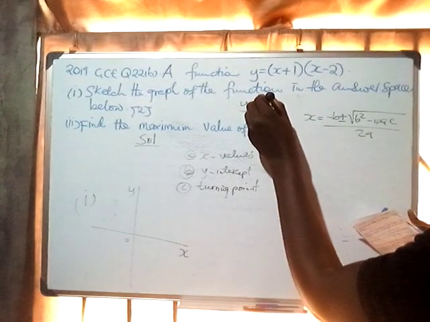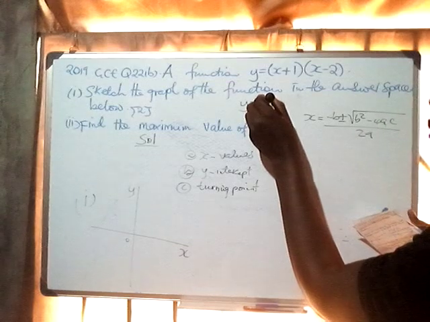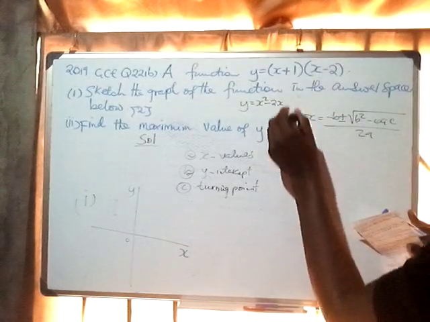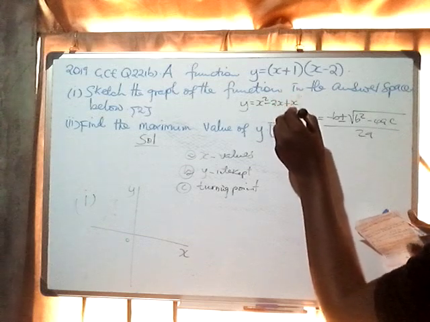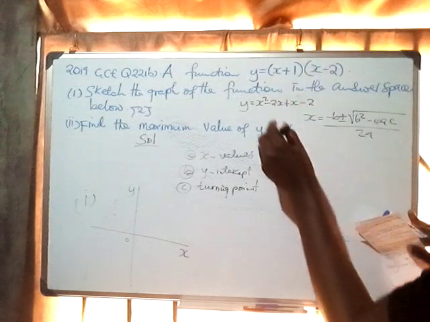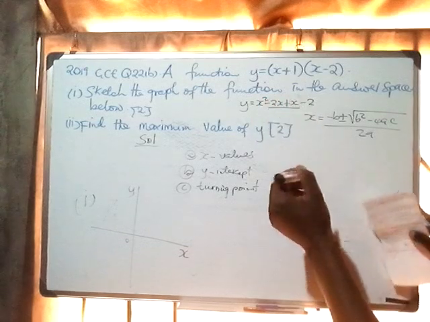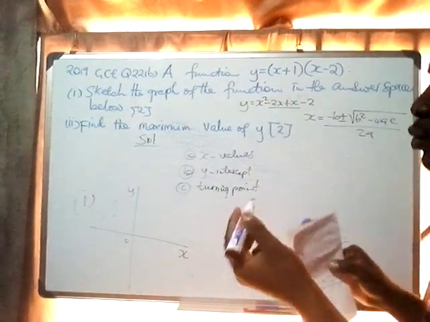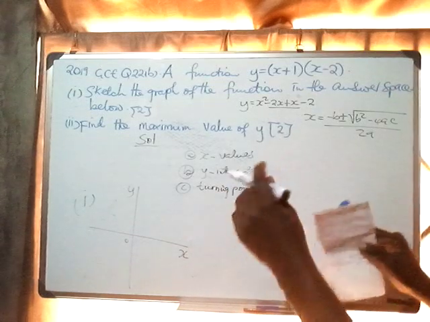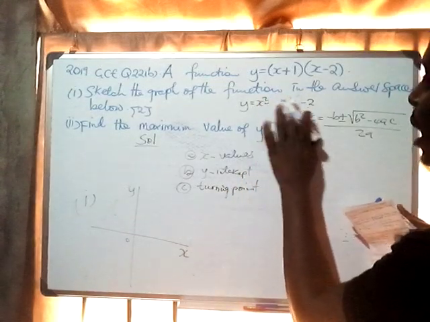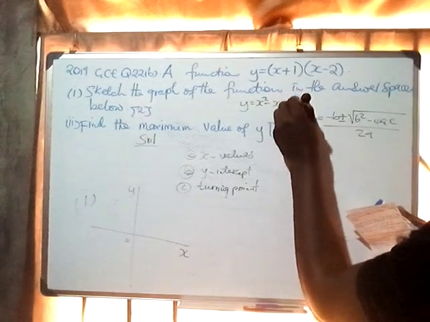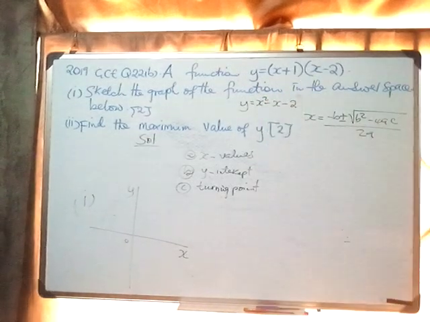Then x times negative 2 is negative 2x. Then 1 times x is plus x. 1 times negative 2 is negative 2. These two are like terms. What is negative 2x plus x? The answer is negative x. So there I'll just write minus x. Then here I'll say minus 2. This is what we have.